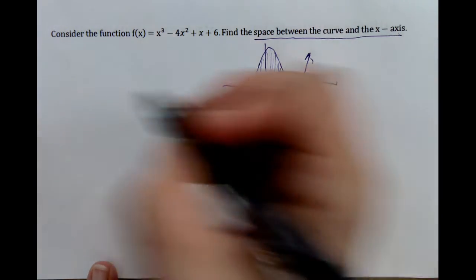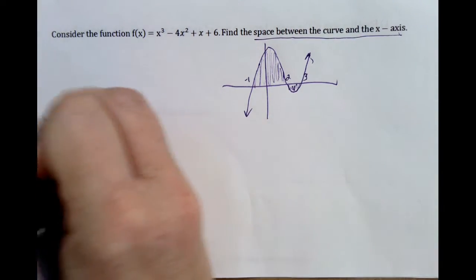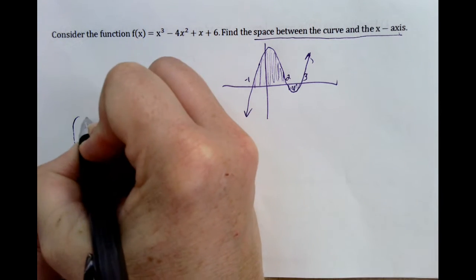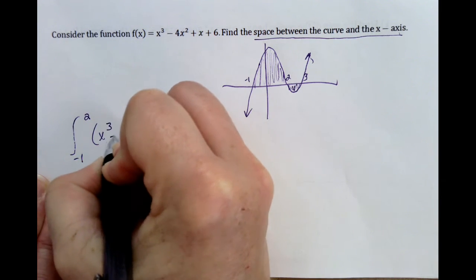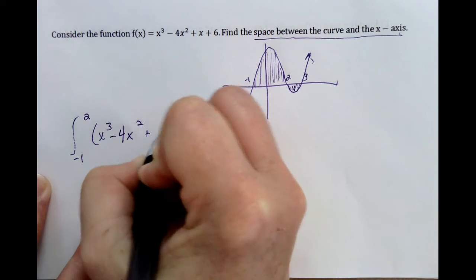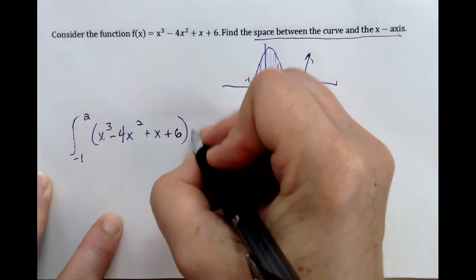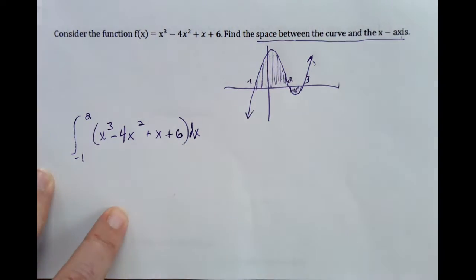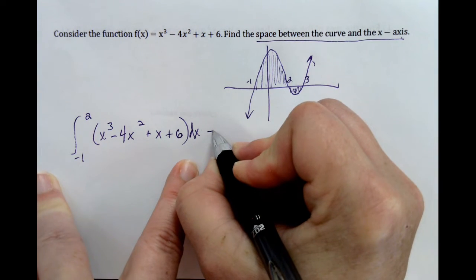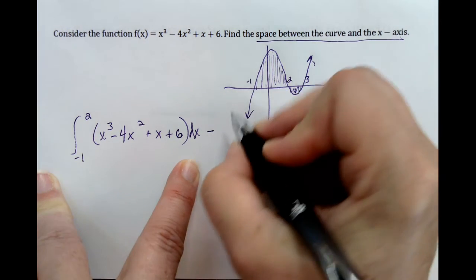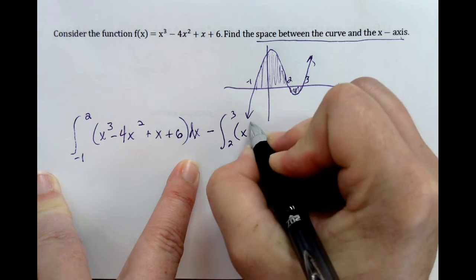Without a calculator, I would definitely do the integral from -1 to 2 of x cubed minus 4x squared plus x plus 6. And then I would do what? Minus from 2 to 3 of the same function.